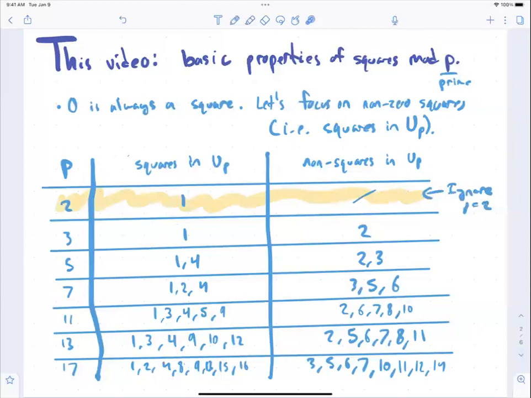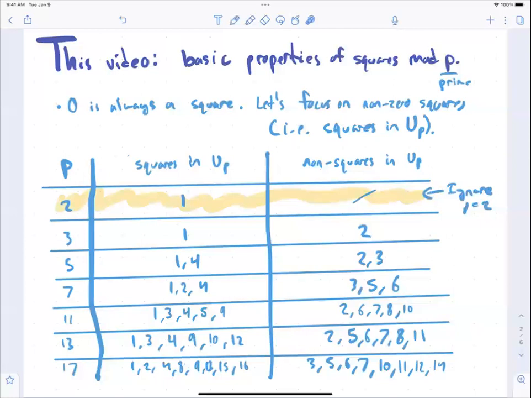So if you want to compute all the squares, you only have to square the first half of the numbers up to p minus 1. So the first (p minus 1)/2 numbers, and you'll get all the squares.